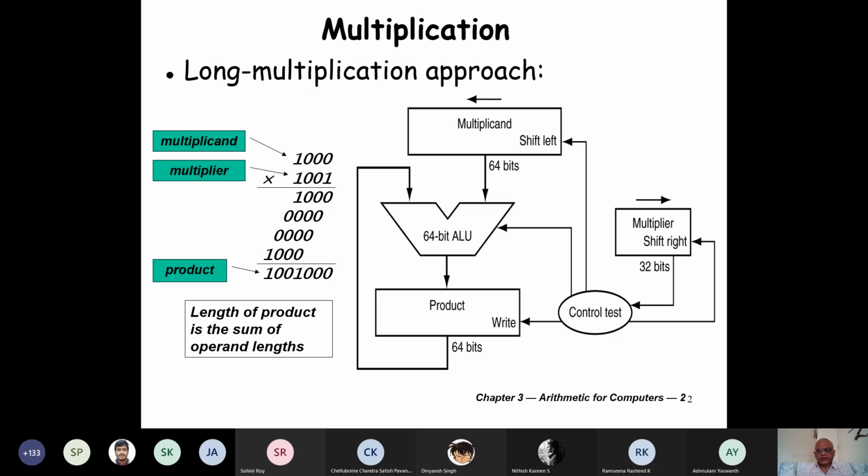And it just again shifts left the multiplicand and shifts right the multiplier. So that's the way the multiplication will work. In case anybody has difficulty with this, we can repeat, can explain. But if we observe this long multiplication, it just does the same thing here.